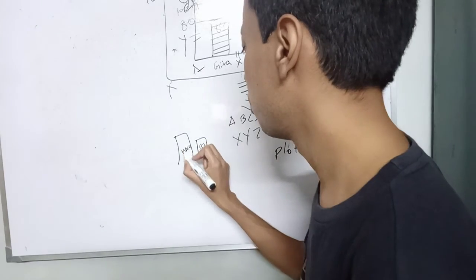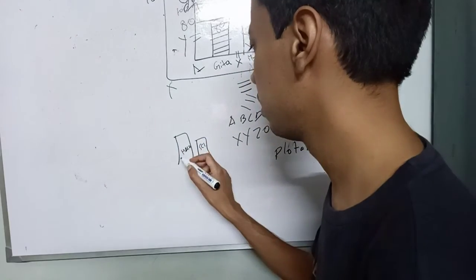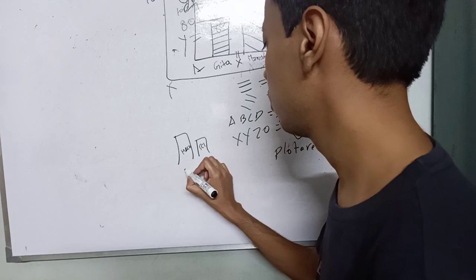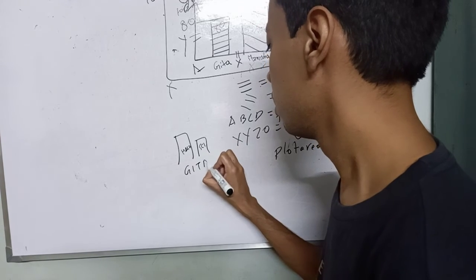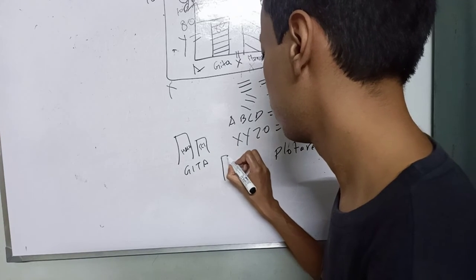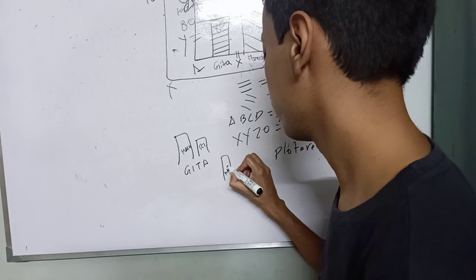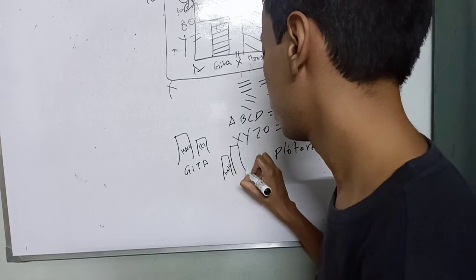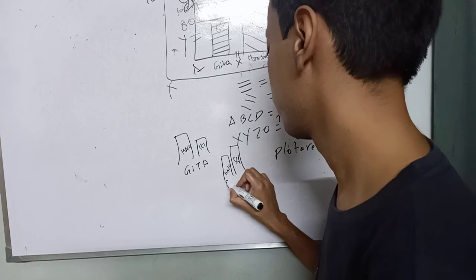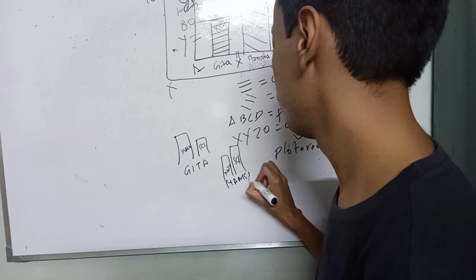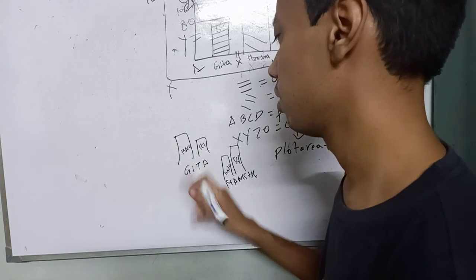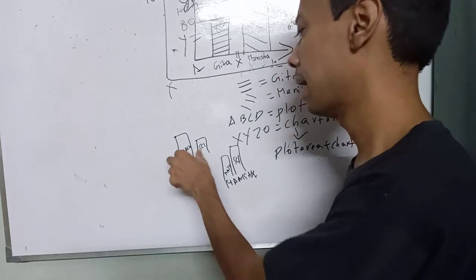Okay, math. Suppose this is the category. Suppose this is for Geeta. This is for Manisha, maths, and this is for science. Like this. Okay, so for the student called Geeta, I have shown maths and science.